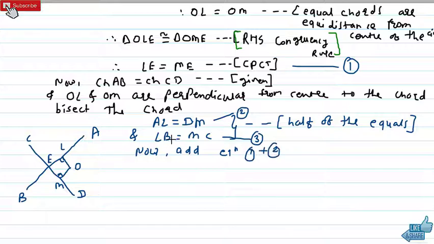Now when we add, AL plus LE on one side, AL added with LE, AL plus LE is equal to DM plus ME.